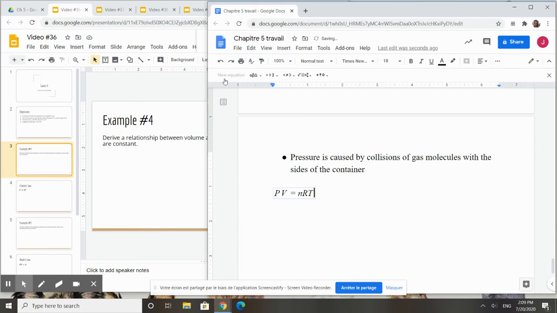So I'm starting with PV equals nRT. The process I like to do is take the variables and put them on the left. Here, my variables are volume and temperature. Then I take everything that's constant and put it on the right.